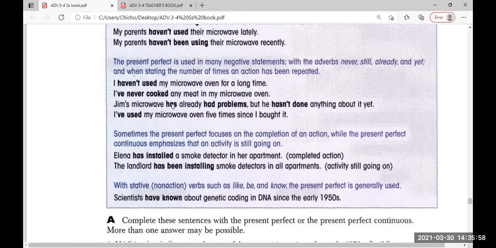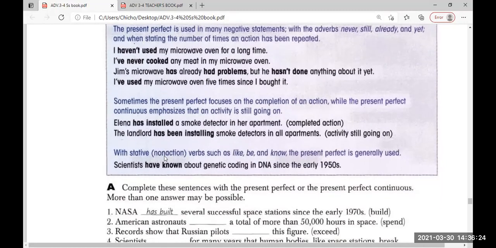Jean's microwave has already had problems, but he hasn't done anything about it yet. So here we have already and yet. I've used my microwave oven 5 times since I bought it. Okay, so here we have when we are saying the number of times, we also use the present perfect.